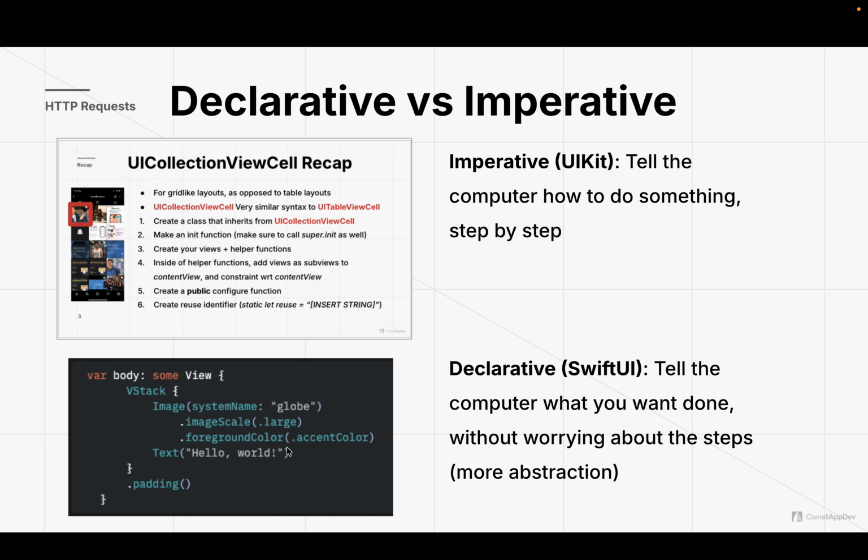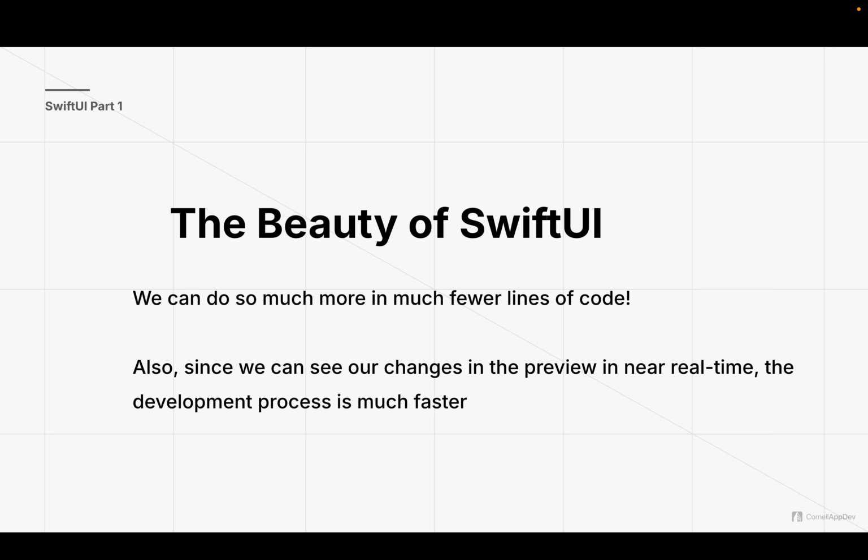So it's literally just a vertical stack with the image and the text. And of course, the beauty is you can do a lot of things with a lot fewer lines of code, as well as seeing the changes in real time through preview.